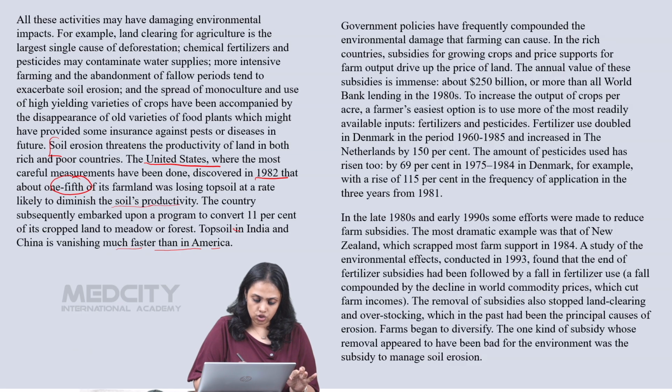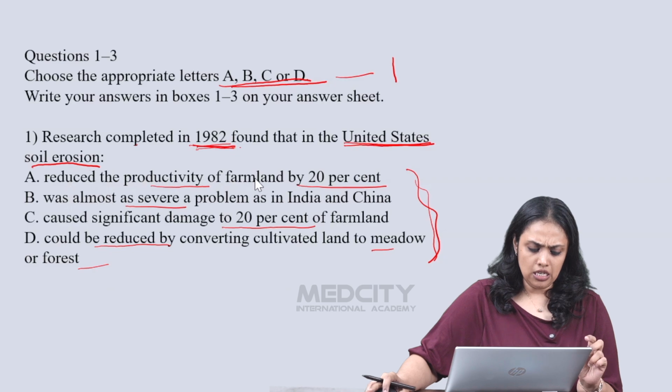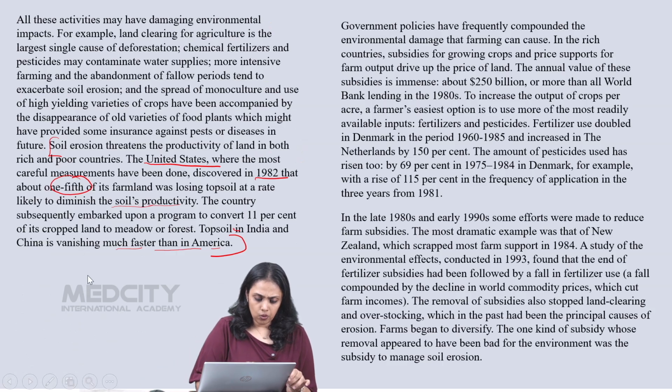So this much portion we have already read, and some of the words that you've seen in the options are also seen here. Now let's analyze the options one by one. Regarding the first option, reduce productivity of farmland by 20%. Was it discovered? So what does it say? About 1/5 of its farmland. 1/5 means that it's 20%. Okay, so that's paraphrasing.